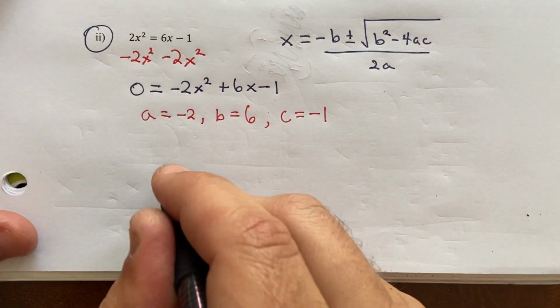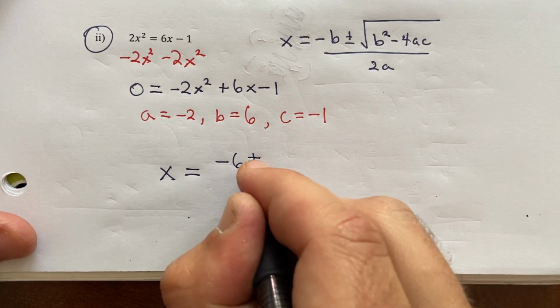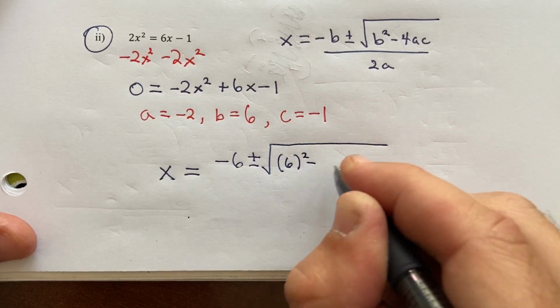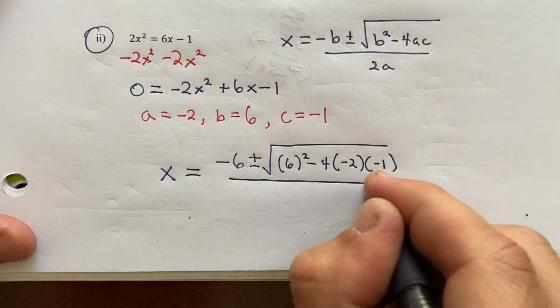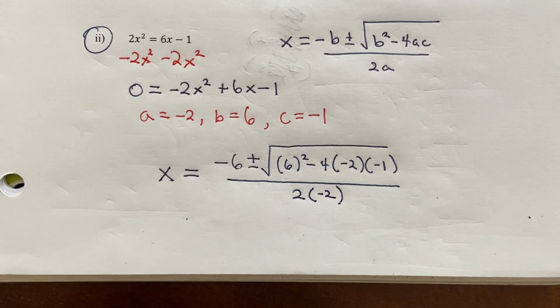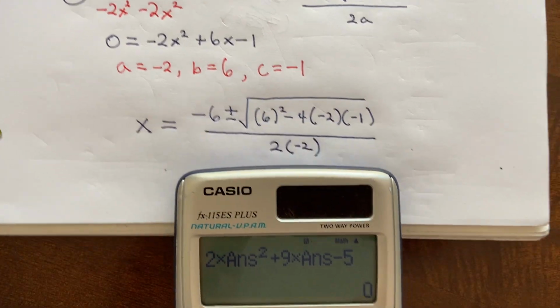So we have x equals opposite of 6, so negative 6, plus and minus the square root of 6 squared minus 4 times negative 2 times negative 1 over 2 times negative 2. So I'll type that in here.